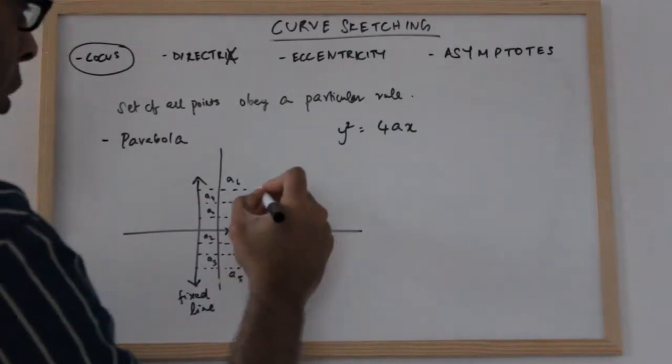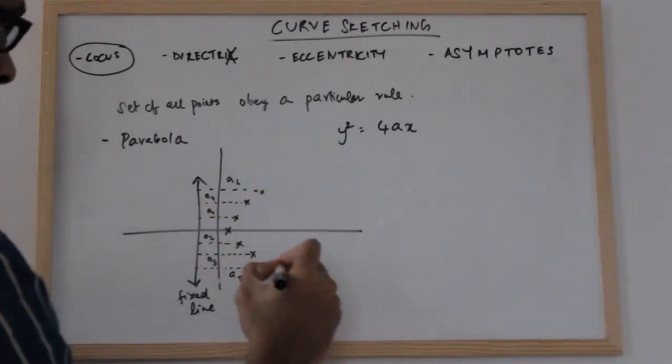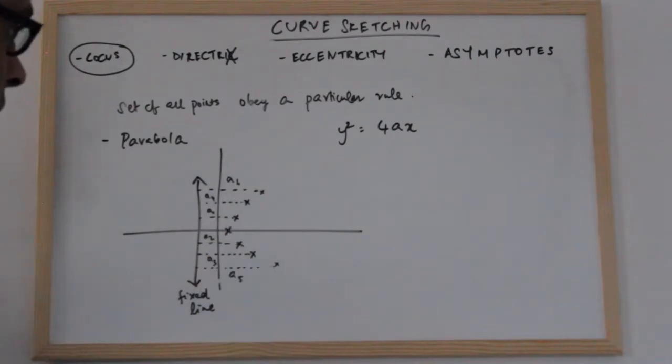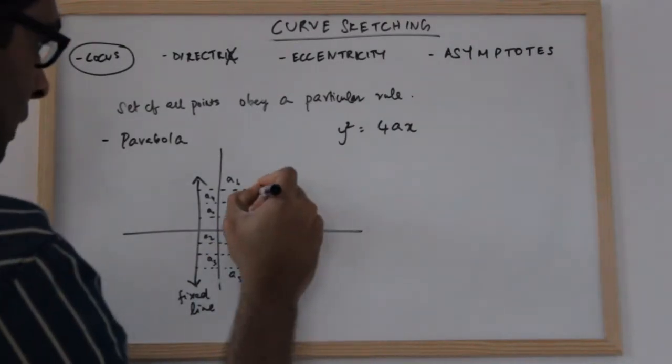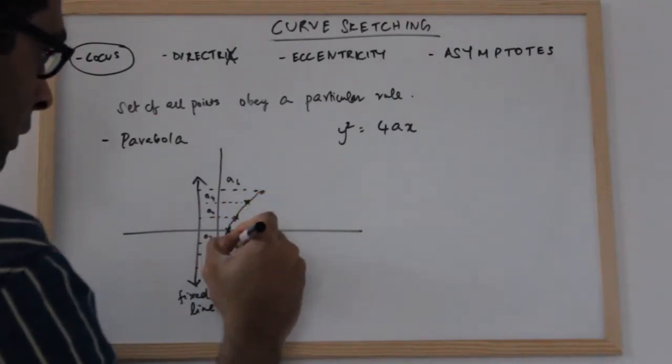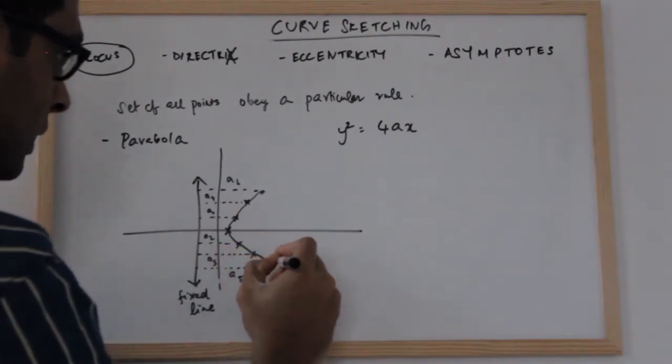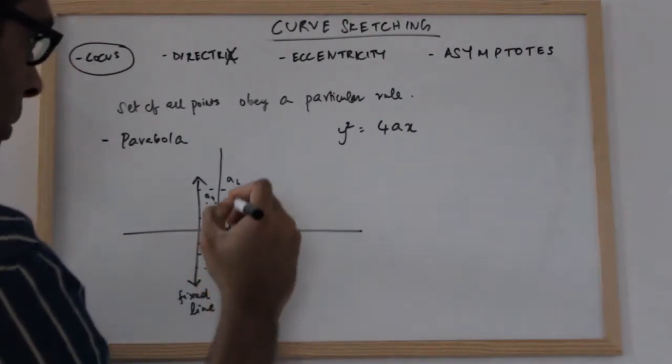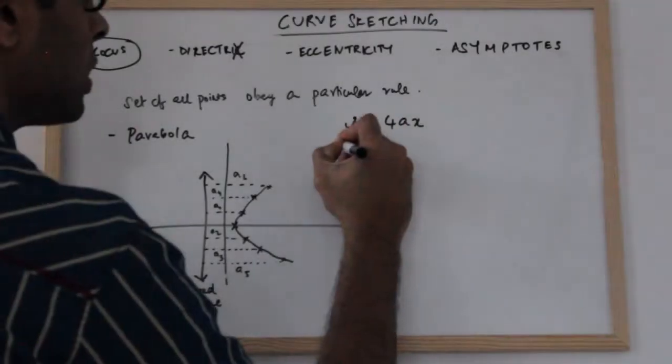So if we join all of these points together and form a meaningful curve, then the set of points is called a locus. Now let's plot our parabola.